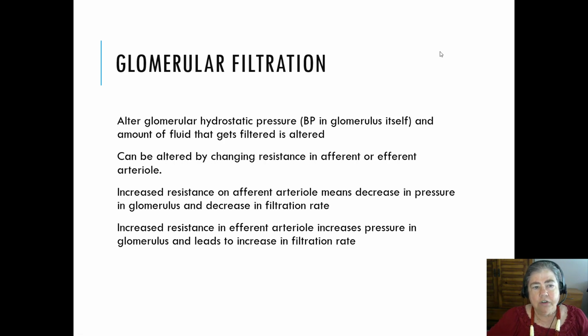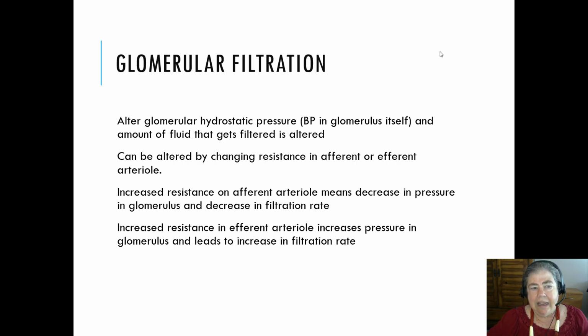So whenever we alter the hydrostatic pressure, the blood pressure in the glomerular capillary tuft, we alter the amount of fluid that gets filtered. And we alter that by changing the resistance, the diameter of either the afferent or the efferent arteriole.